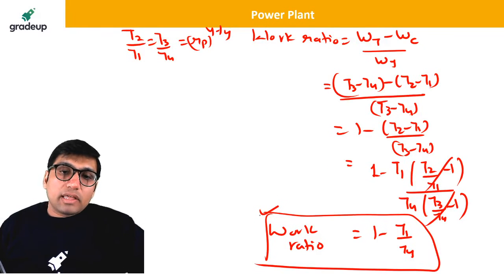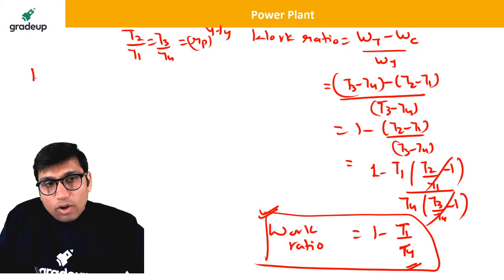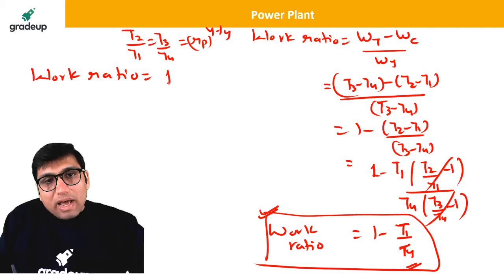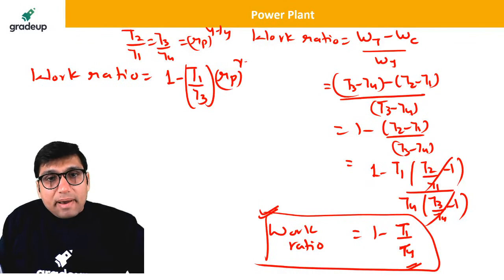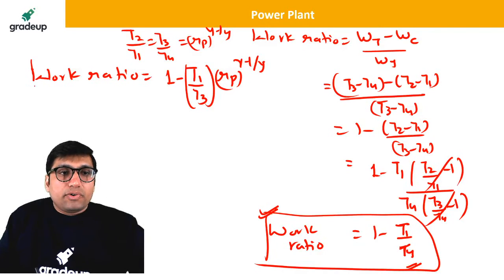Work ratio is equal to this, 1 minus T1 by T4. If T1, the minimum temperature, and the turbine exit temperature are given, you can use this formula for work ratio. Work ratio can also be found by using this formula. It is also equal to 1 minus T1 by T3, that is minimum temperature by maximum temperature, times pressure ratio to the power gamma minus 1 by gamma. This is also the formula of work ratio.